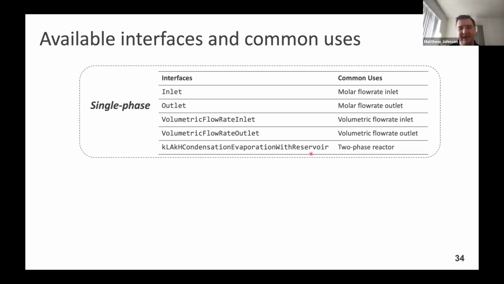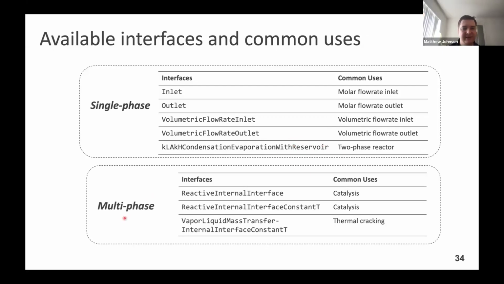And then also, if you have a liquid and you're interfacing with an overlying gas phase, there is handling of condensation and evaporation with a reservoir that has a constant concentration. And then for multi-phase, we have these reactive internal interfaces for both the variable temperature and constant temperature cases, and also a vapor liquid mass transfer internal interface reactor for thermal cracking type cases.